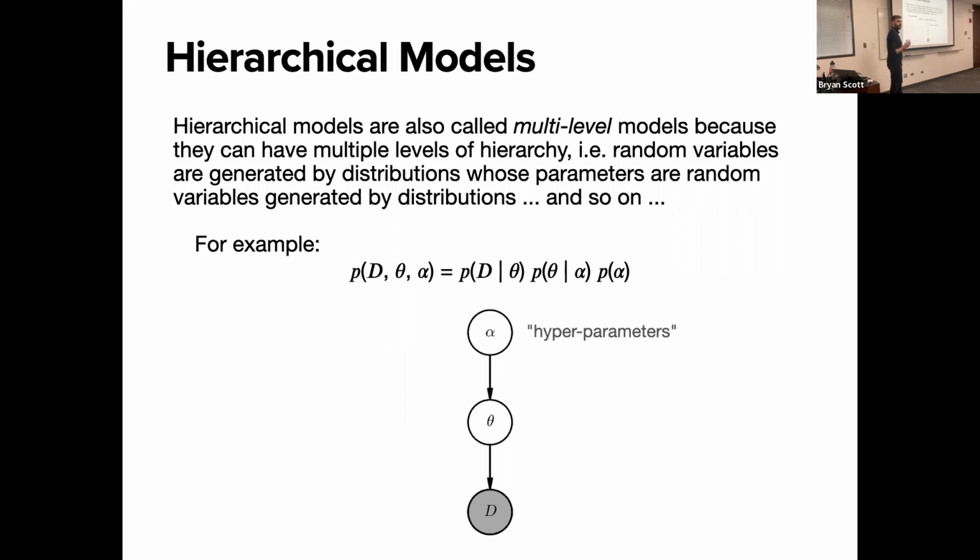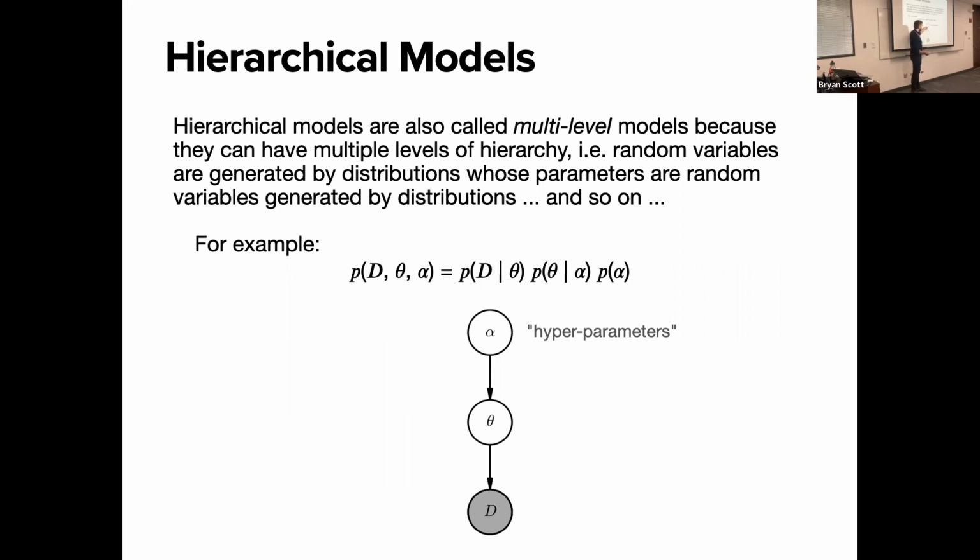So that means that D and alpha are connected. D is only related to alpha through theta in this case. So let's look at the joint distribution over everything that's in this graphical model: D, theta, alpha. If you remember that arcane sentence I said yesterday, looking at a graphical model tells you how you can factorize the joint probability distribution over all the things in the model.